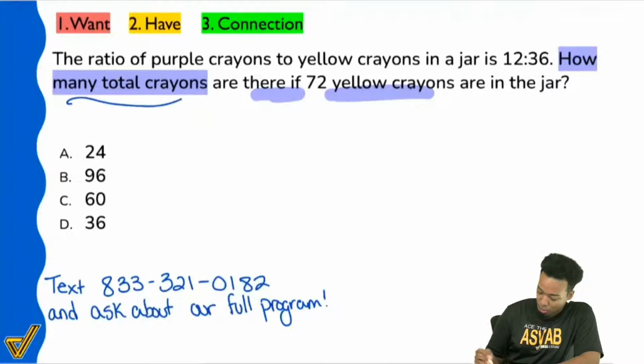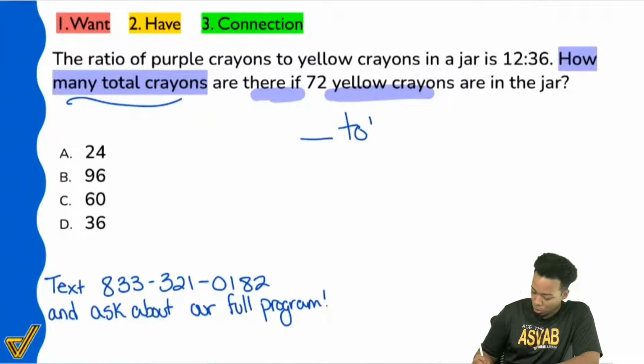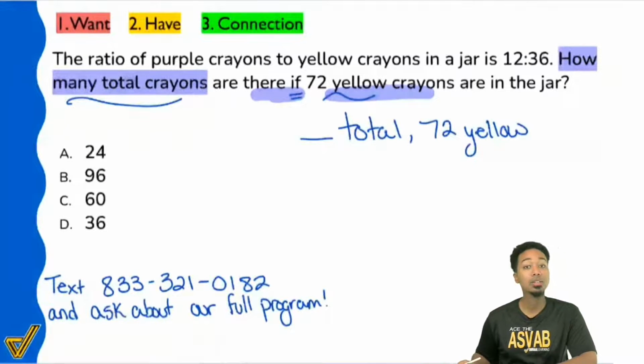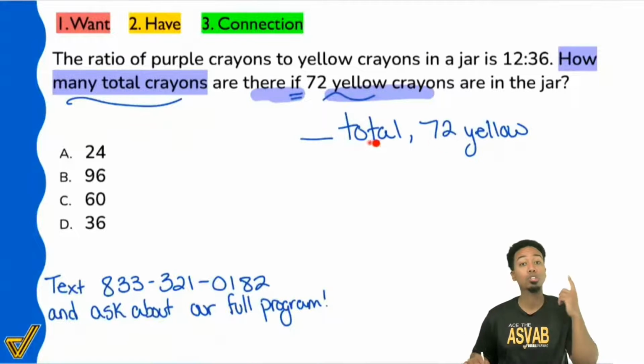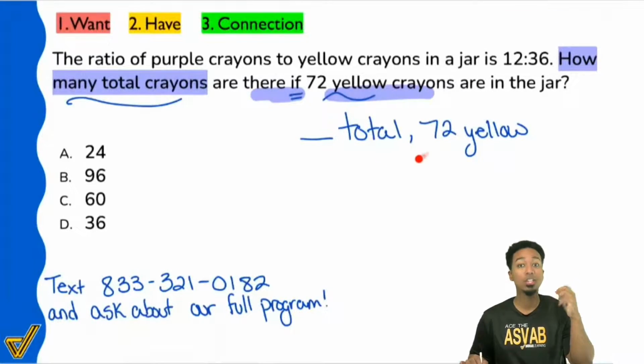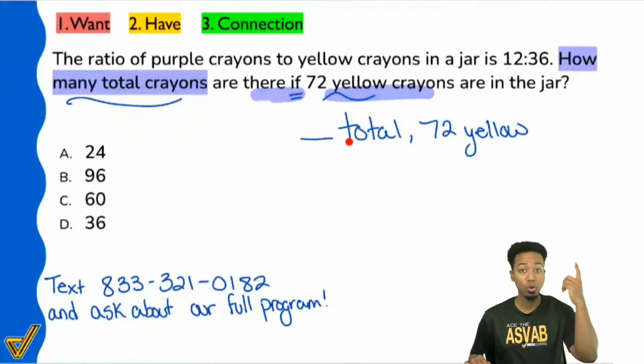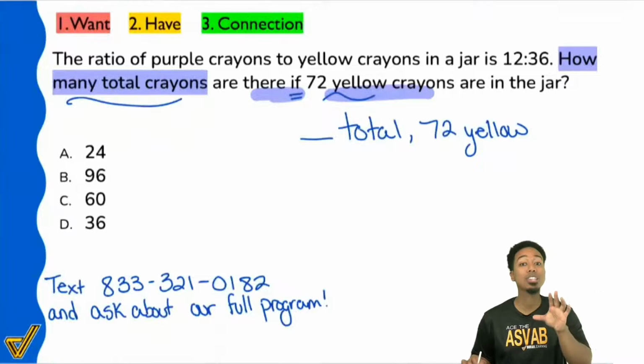We're looking for how many total, blank total, and we then see that it says if we have 72 yellow. Okay, no big deal, sounds good. But what I'm telling you is that we are going to be basing our proportion off of this. So we're going to try to set up total to yellow. Total to yellow. Everybody, yes or no, does that make sense?